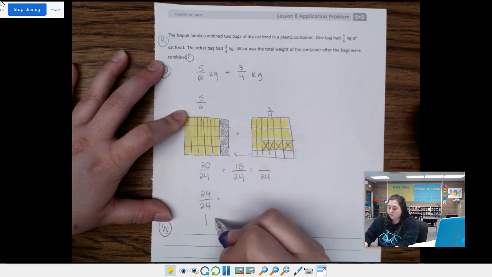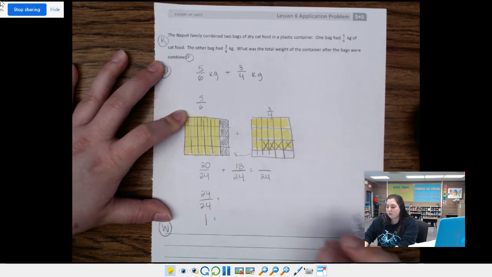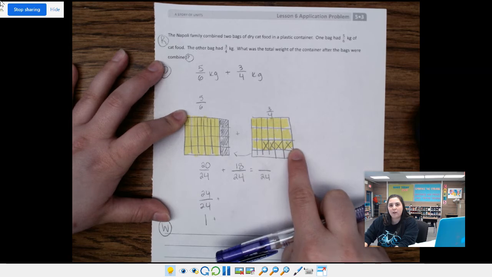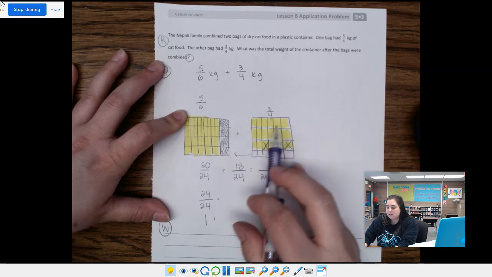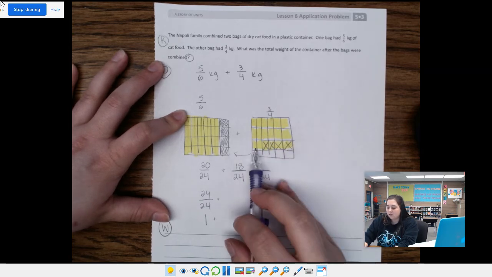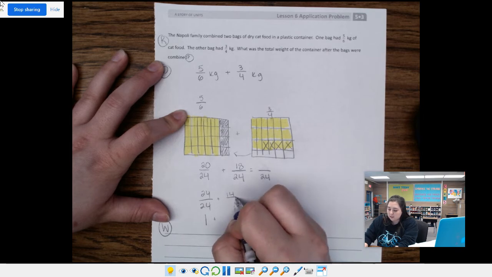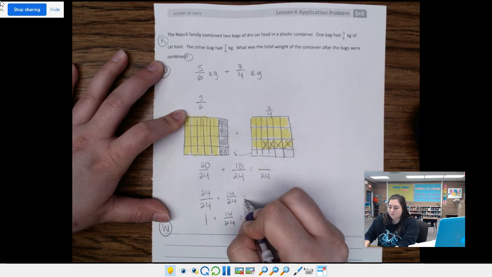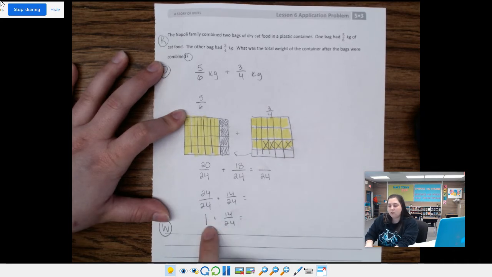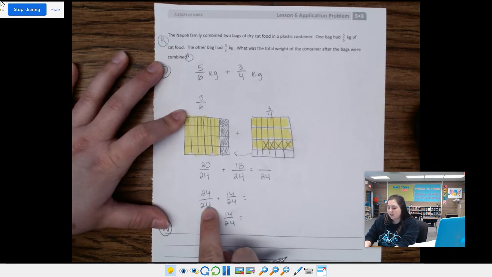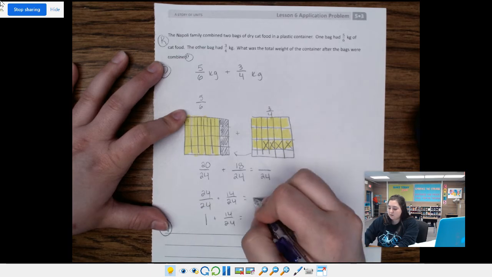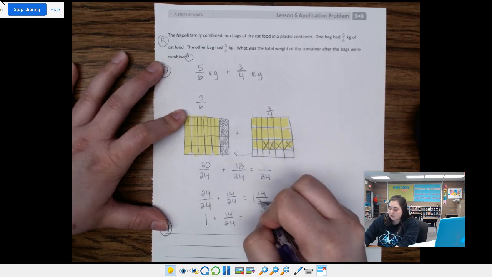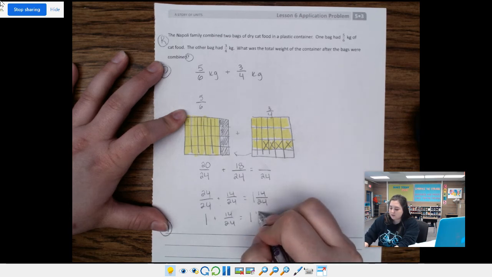And what's left over here? I no longer have 18 because I just took away 4 of them. So that would be 6, 12, 13, 14 24ths. 1 whole, or 24 24ths, and then 14 24ths. So our answer is 1 and 14 24ths.